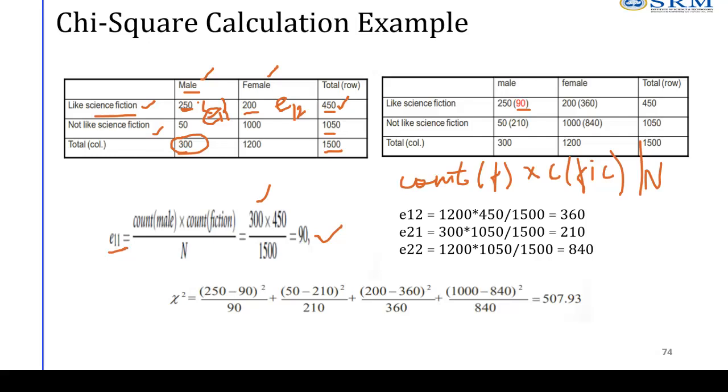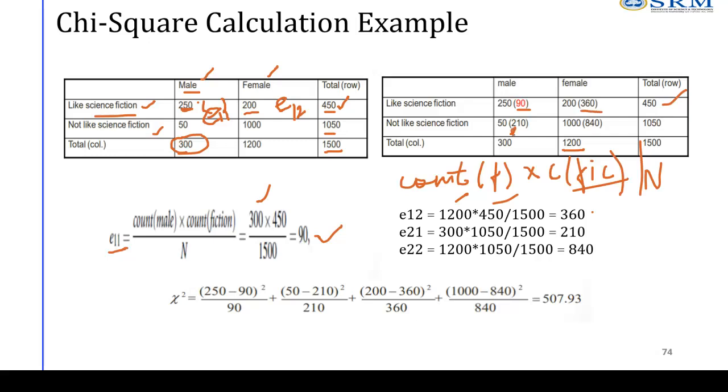The count of female is 1200, into the count of fiction, 450, divided by 1500, which is 360. So the expected value for this cell is 360.